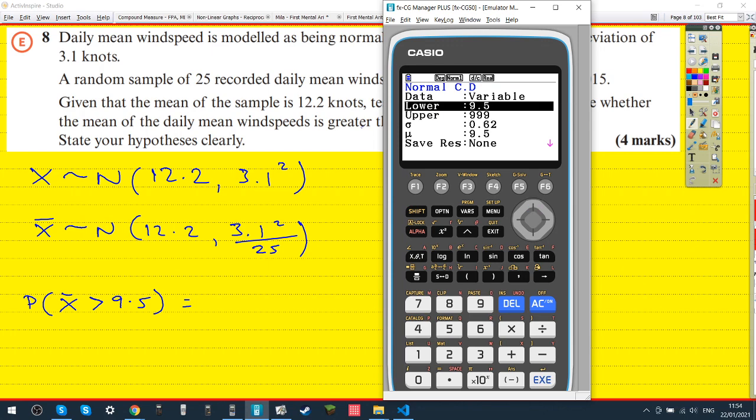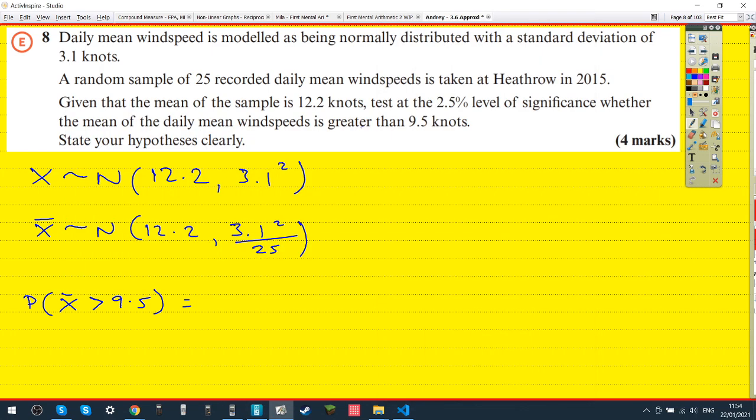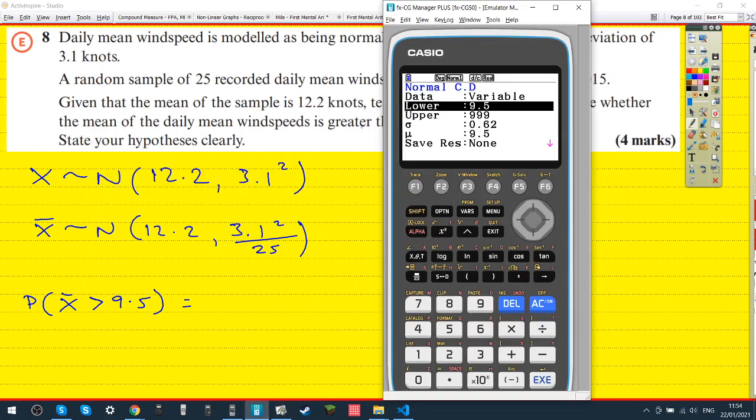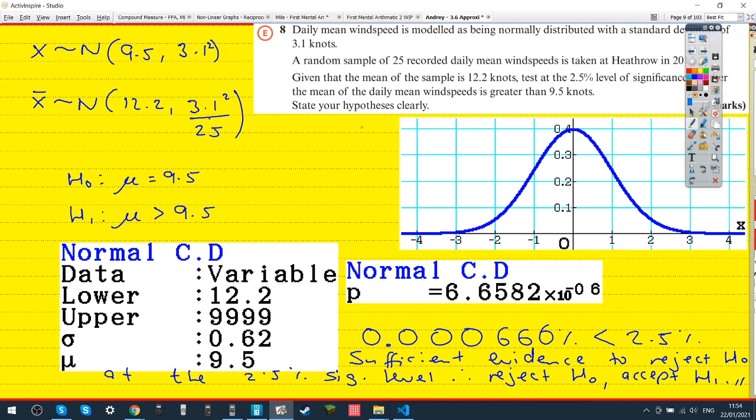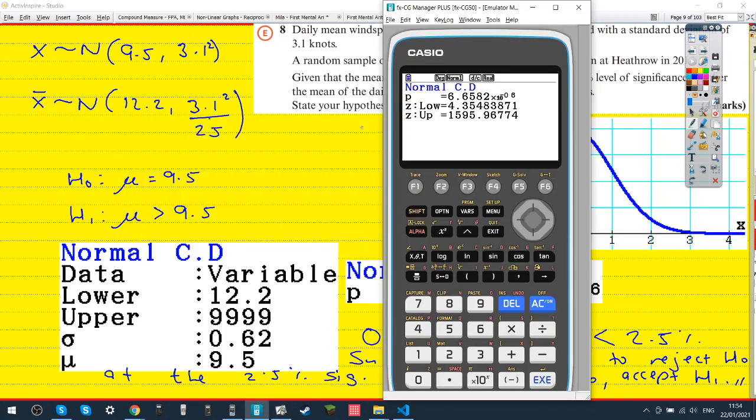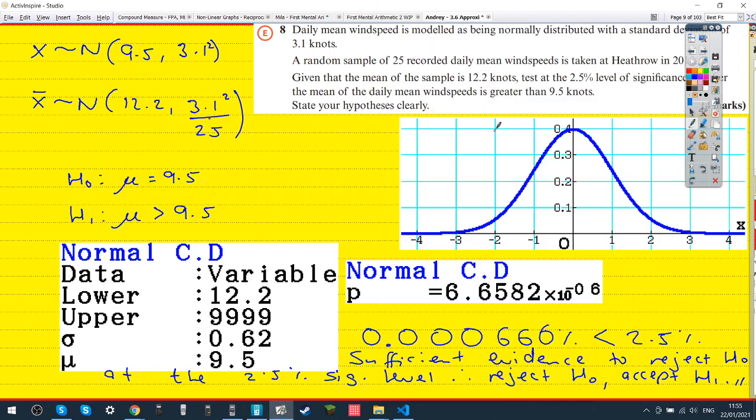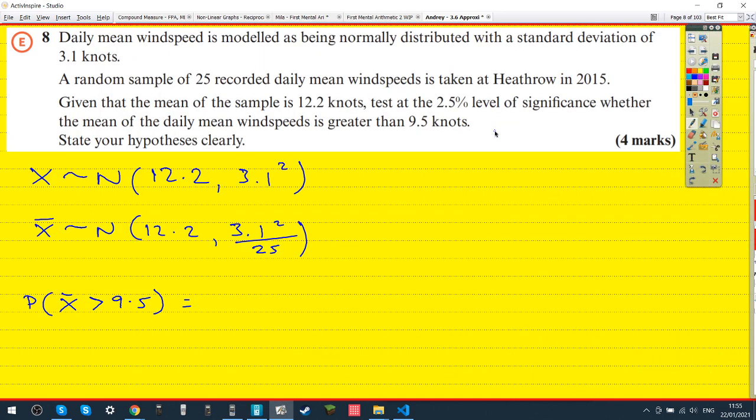And the mean of the sample is... and that one's 12.2? I think it might be. 12.2, 9.5. Yeah, other way around. They just phrased it a very strange way.